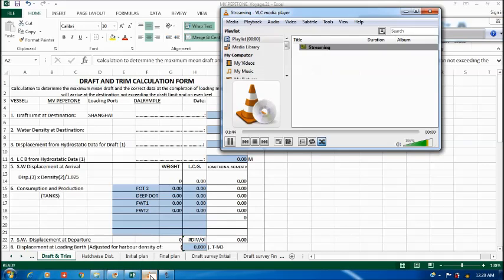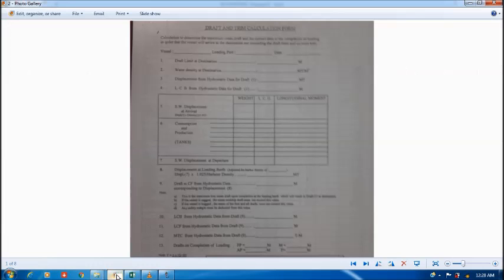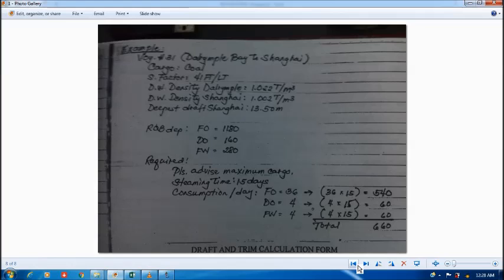This is our problem now. Voyage number 31, Dalrymple Bay to Shanghai. Our cargo is coal with a stowage factor of 41 cubic feet per long ton. The dock water density at Dalrymple Bay, our loading port, is 1.022.